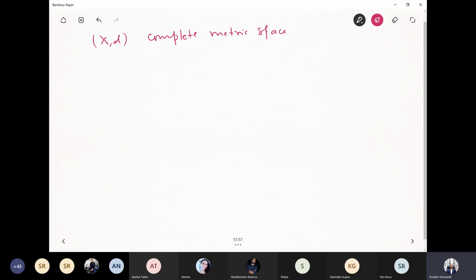Let us do it the way it was done in the Banach fixed point theorem. Okay, so we define what is called a contraction map. By chance, is it defined for you in your real analysis course?